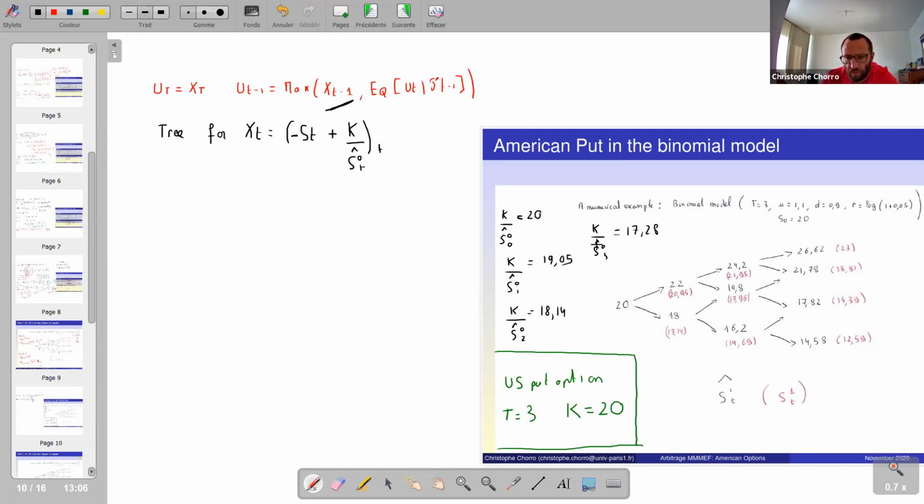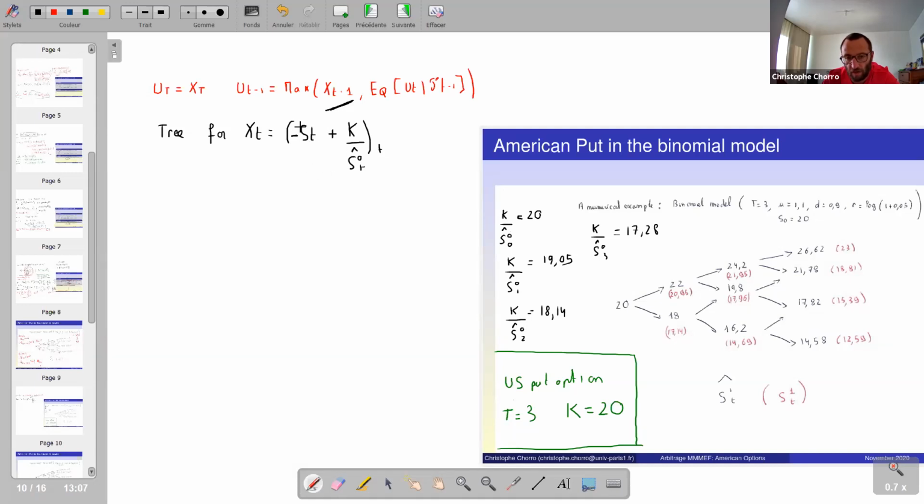Why do I compute these four quantities? Because they are the ones involved to compute X_3, X_2, X_1, and X_0. And then I have to consider the maximum between this difference and 0.